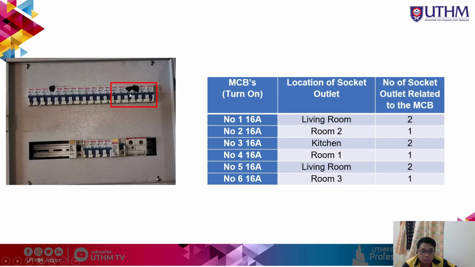MCB number 3 controls the socket at the kitchen, and there are 2 sockets there. Number 4 is room 1, which controls 1 socket, and number 5 is the living room, which controls 2 sockets. Lastly, MCB number 6 controls room number 3, which needs 1 socket related to it.